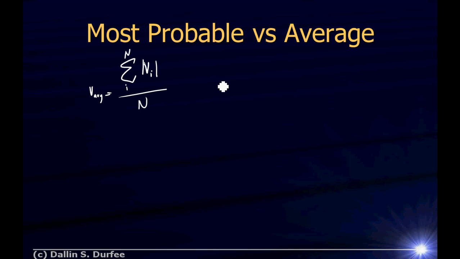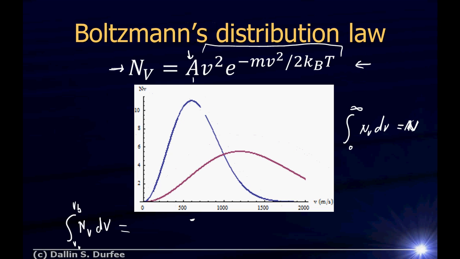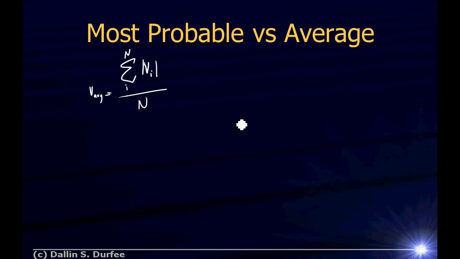When I have a continuous distribution, I have so many atoms that I'm not thinking in terms of individual atoms anymore, and I'm using my distribution function. I can say, how many atoms are there between some velocity a and some velocity b? That's just n(v) dv. So I multiply by the velocity, which gives how many atoms there are near some certain velocity times that velocity, and then I integrate that from 0 to infinity.